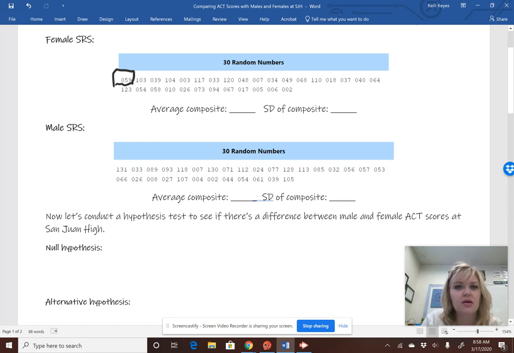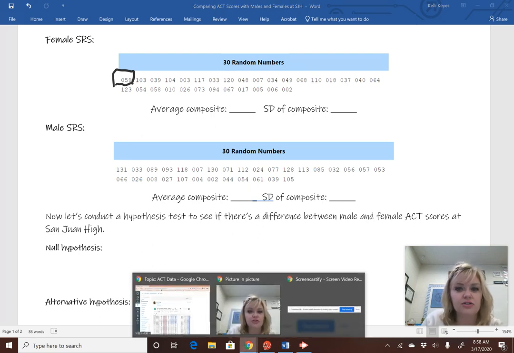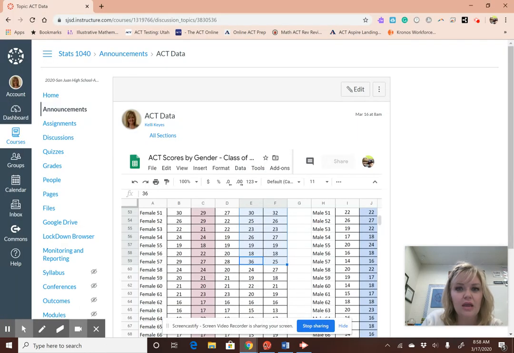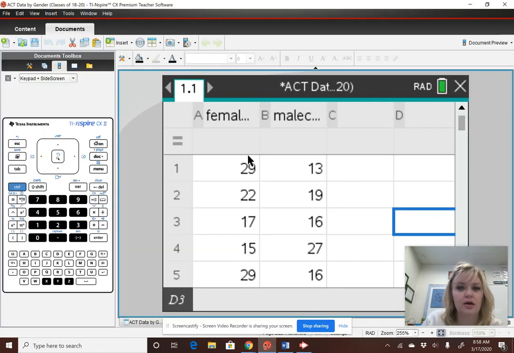But anyway, I had a different 30 random numbers, and it wouldn't matter. My first random number had a composite score of 29. And then my next one had 22, and so on. So I'm going to put those 30 random numbers in a list, the 30 for female and 30 for male.